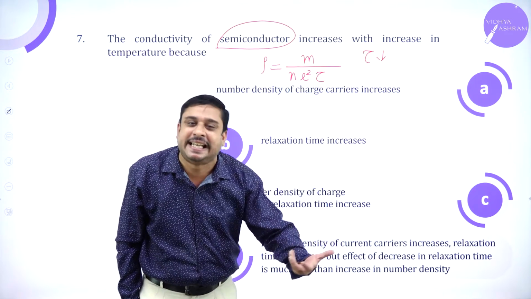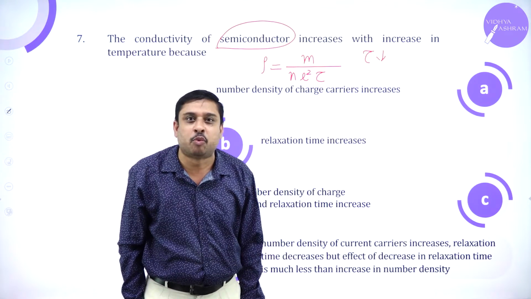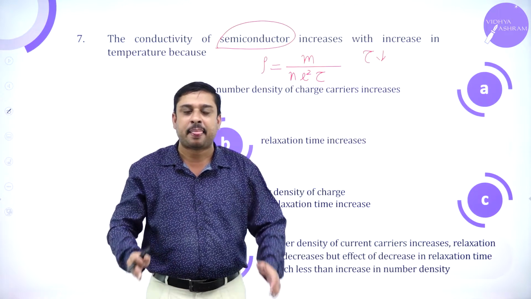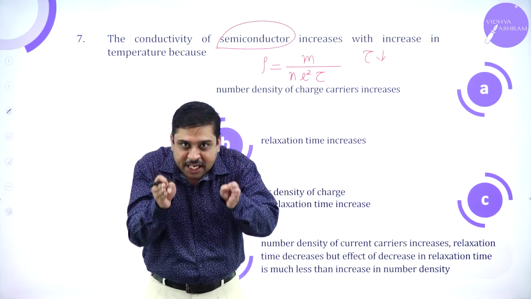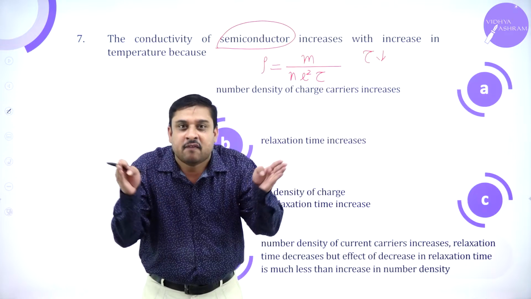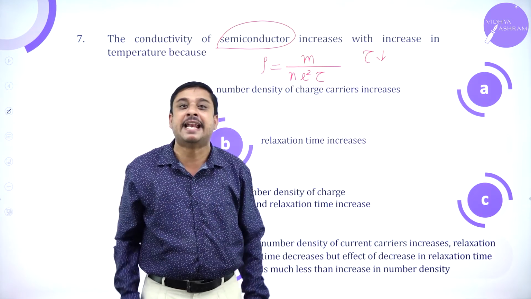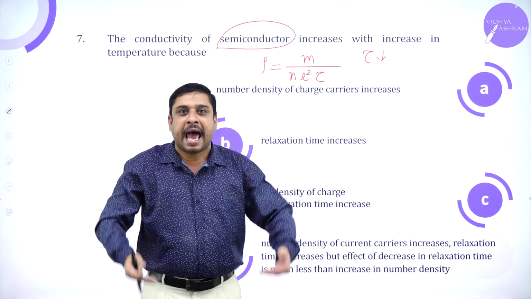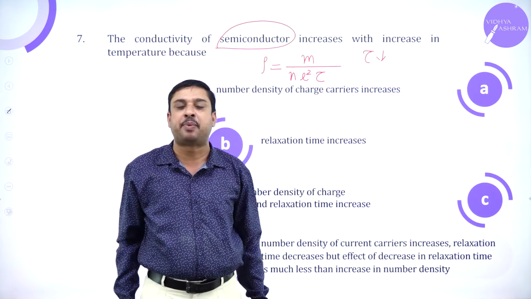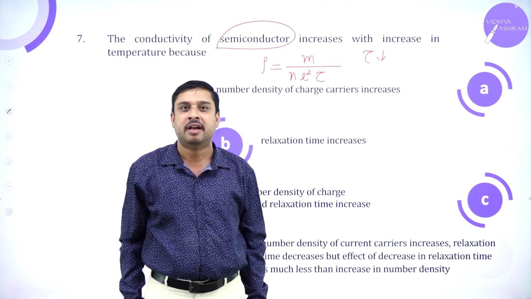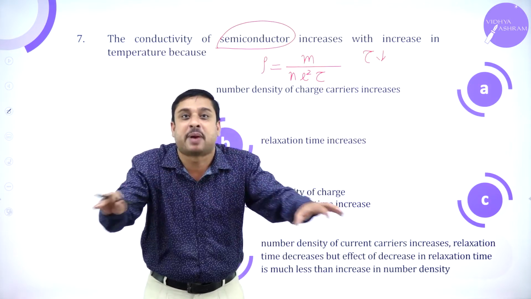We call it charge density, per unit volume. In a semiconductor, there will be a depletion region where neither the holes nor electrons can enter. As you increase the temperature, as the potential increases, the depletion region breaks down.